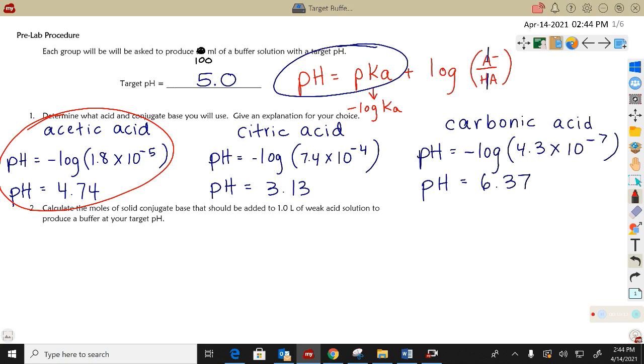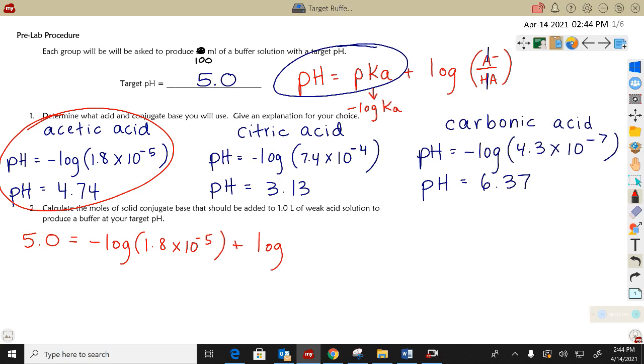So let's take the Henderson-Hasselbalch equation and plug in what we know. I know that I want the target pH to be 5, so I'm going to start there. pH is going to be 5. That equals the negative log of my Ka, 1.8 times 10 to the negative 5th, plus the log of this ratio.